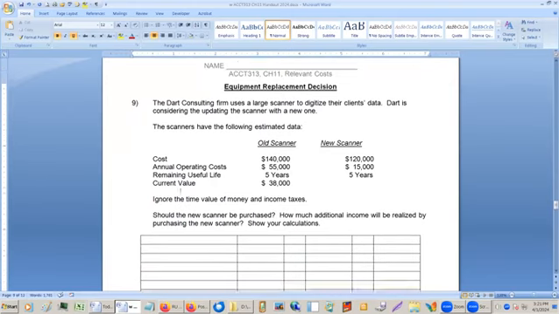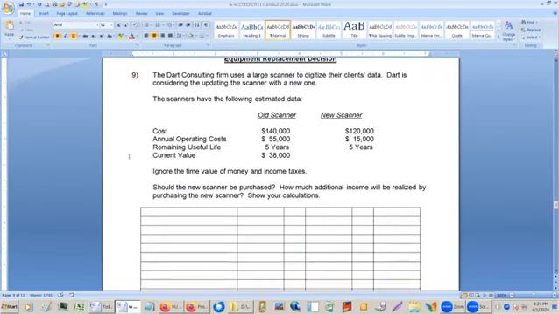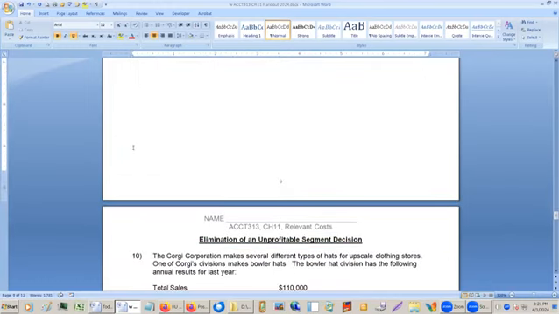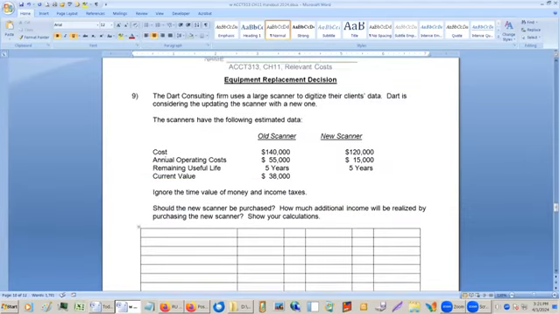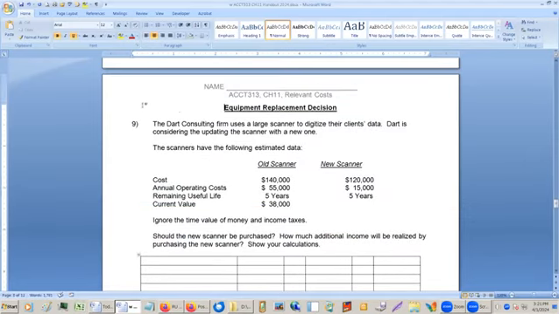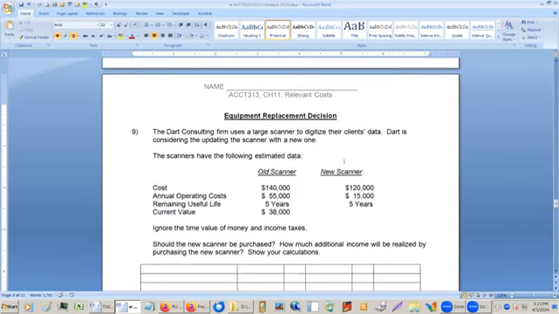Okay, you know what? I think I'll give you this as homework. Number 9. Let's have number 9 as homework, and we'll do number 10 when we get back next time. So let me give you this as homework, and we'll go over it next class.